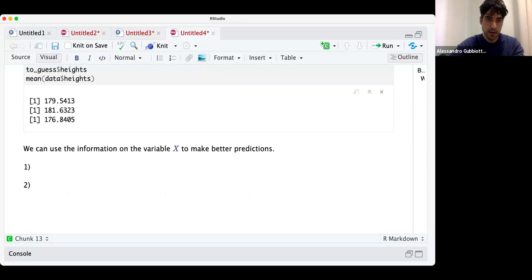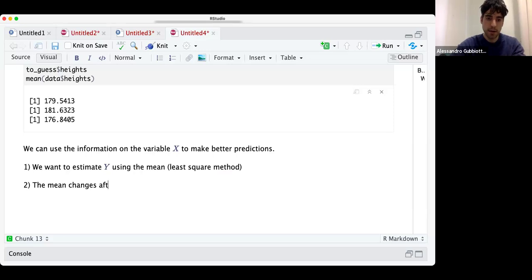So this fact: we want to estimate y using the mean, the least square method. And the mean changes after we observe the data x.